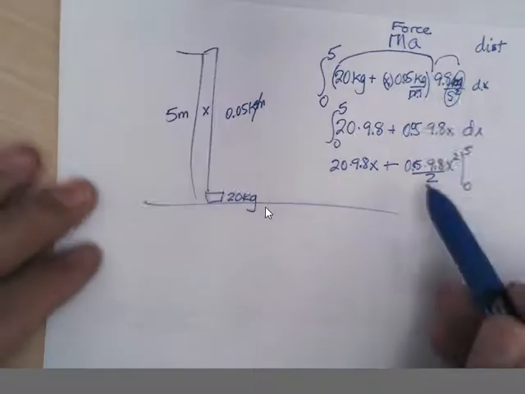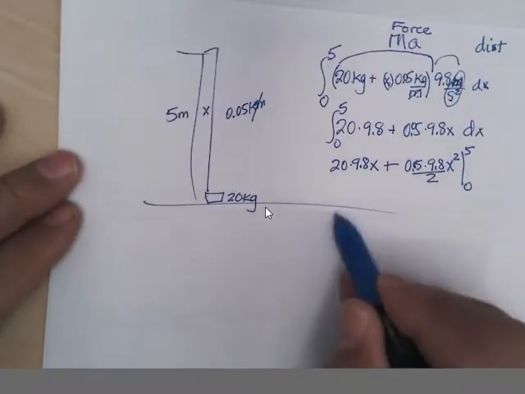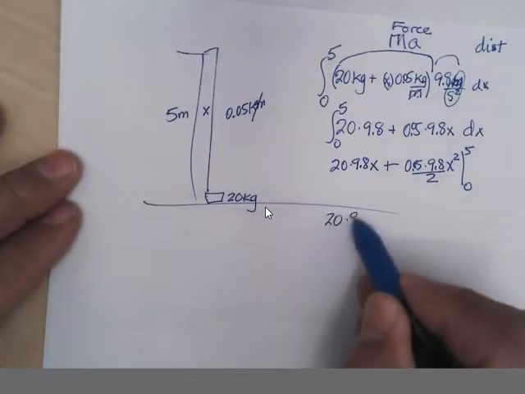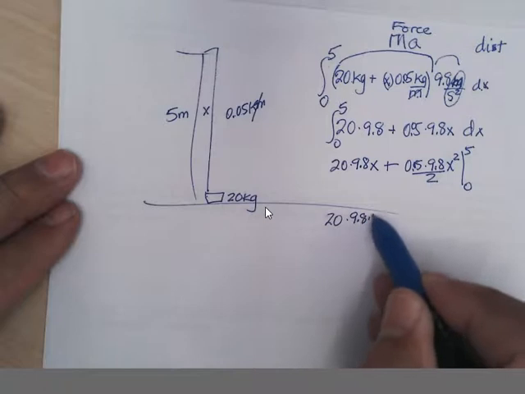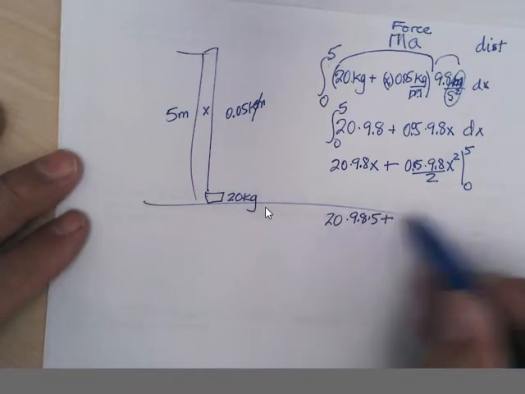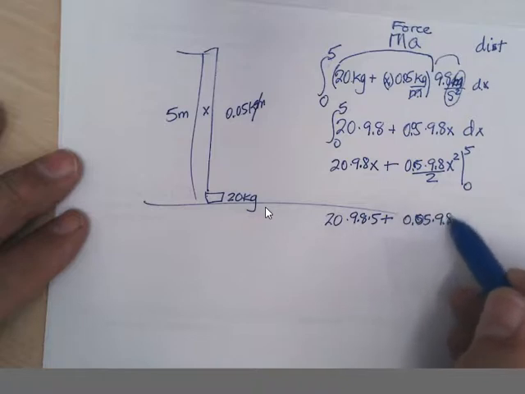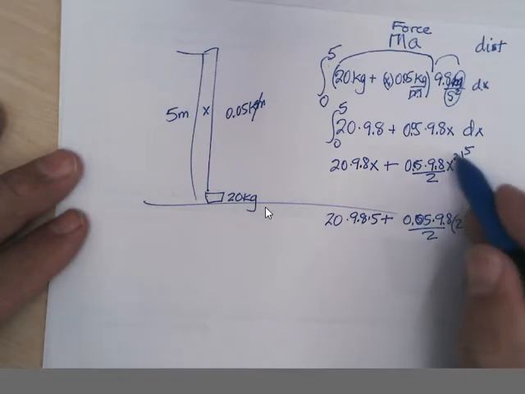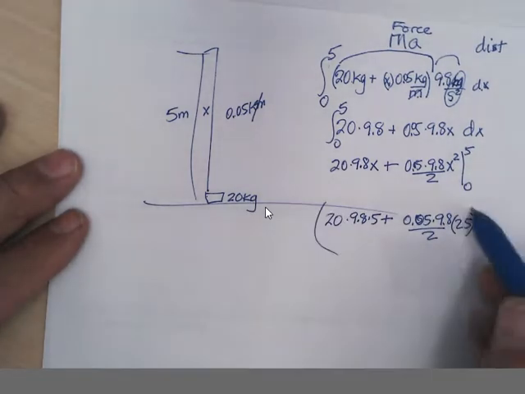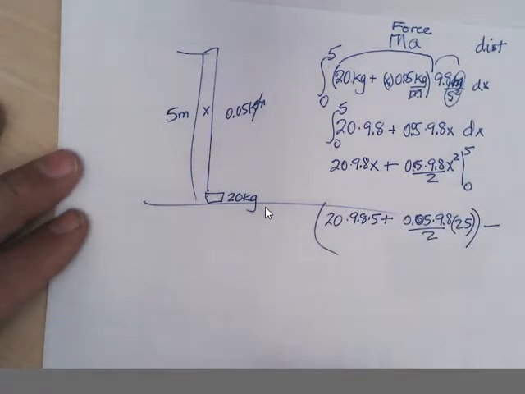And so I'll put 5 in here, and I'll get 20 times 9.8 times 5 plus 0.05 times 9.8 divided by 2 times 25, minus, put 0 in, I get nothing. And so this should be the amount of work.